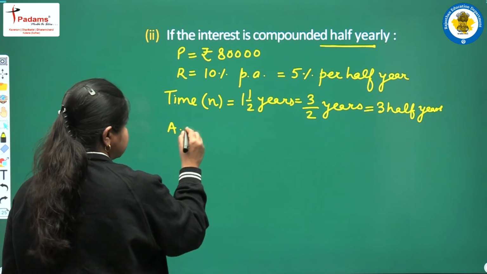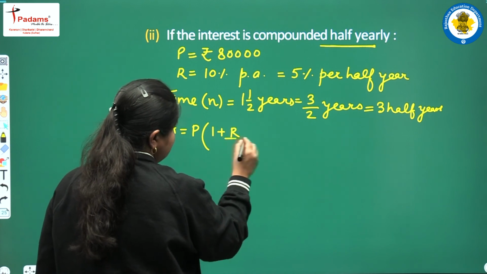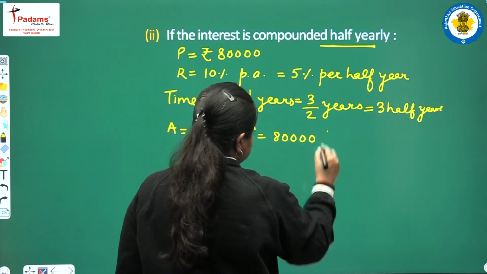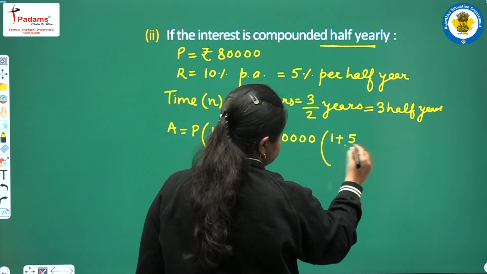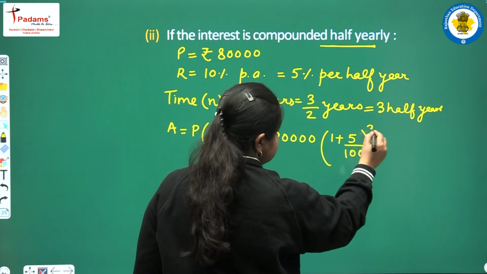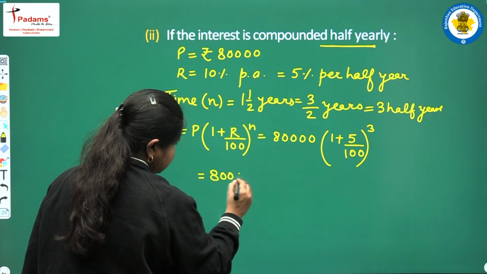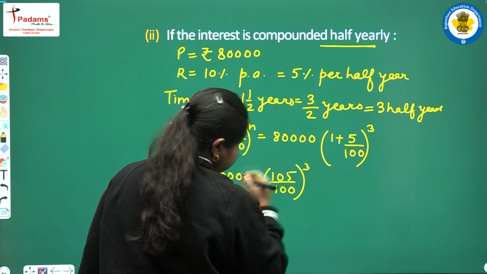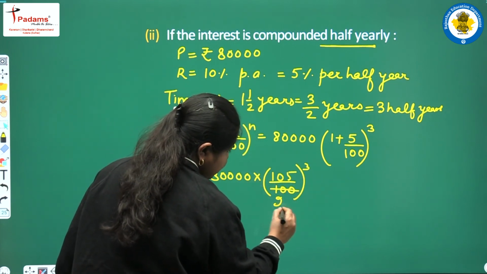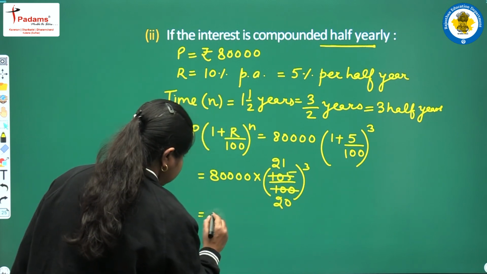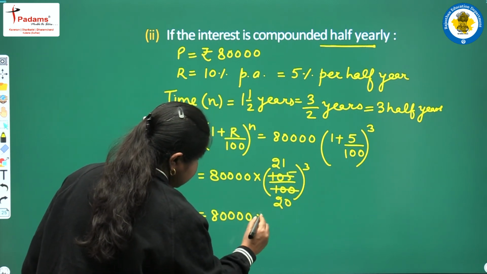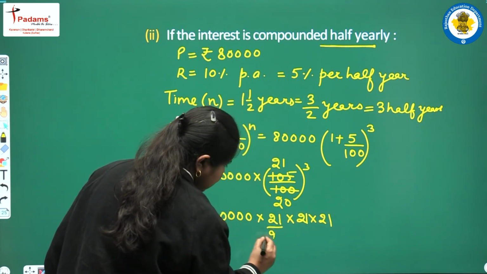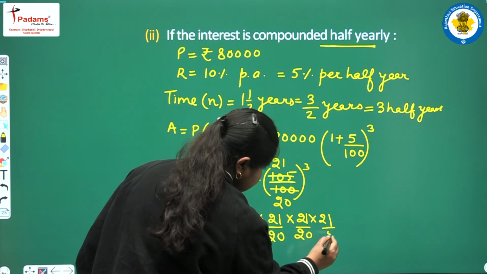Now we find the amount. P into 1 plus R upon 100 raised to power n. P is 80,000. 1 plus R ये हो गया आपका 5 और पावर हो गई 3. यहाँ से 80,000 इंटू ये हो गया 105 अपॉन 100, हो गया 3, डिवाइड बाय 5, 20 times 21. This will give you 80,000 into 21 into 21 into 21, 3 times, upon 20, 20 and 20.